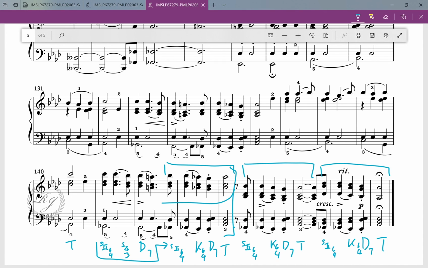Well, this is allowed here because this is a repetition from here, right? Harmonic syntax repetition. Basically, it extends the phrase. So that's why this is allowed, and similarly here, the same reason.